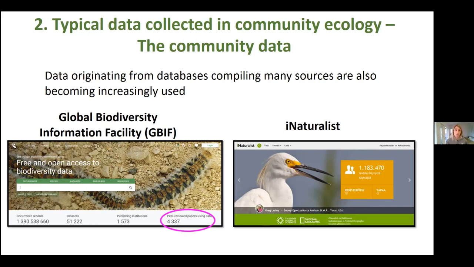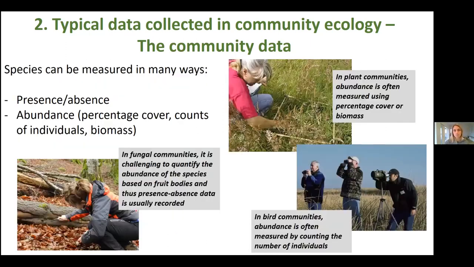So, for example, in the Global Biodiversity Information Facility, if we look at how many scientific papers have used this sort of data for scientific purposes, we see that these are quite significant numbers. This sort of data is becoming very common.